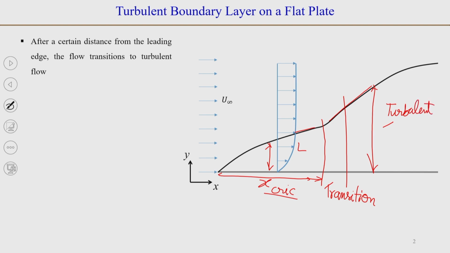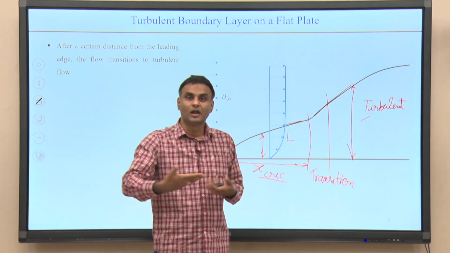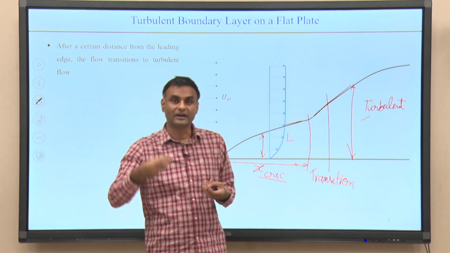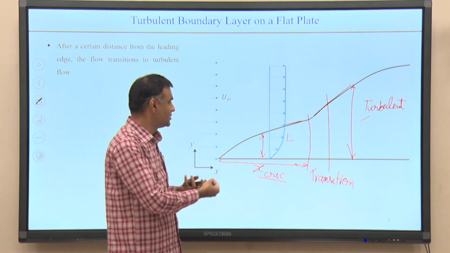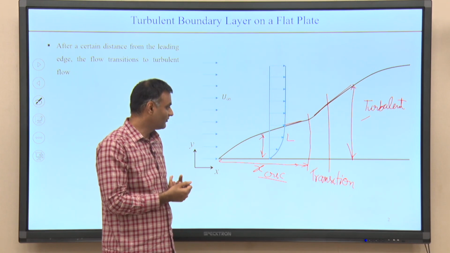So, if your plate is long enough, then for every flow velocity you might have a turbulent boundary layer over a flat plate.